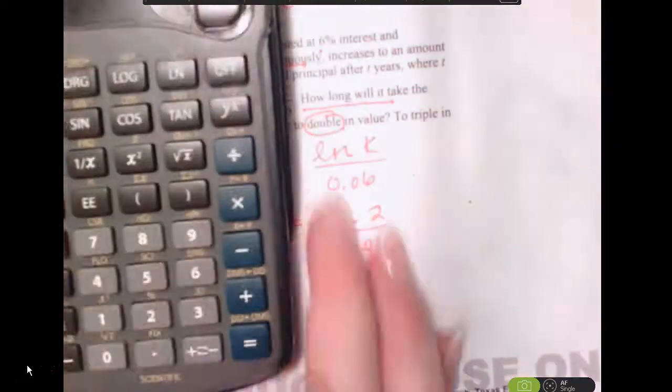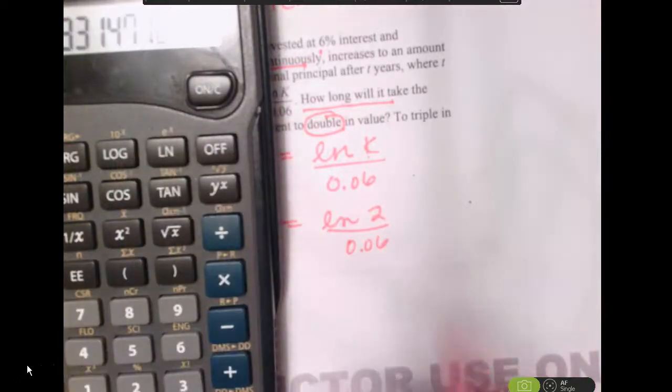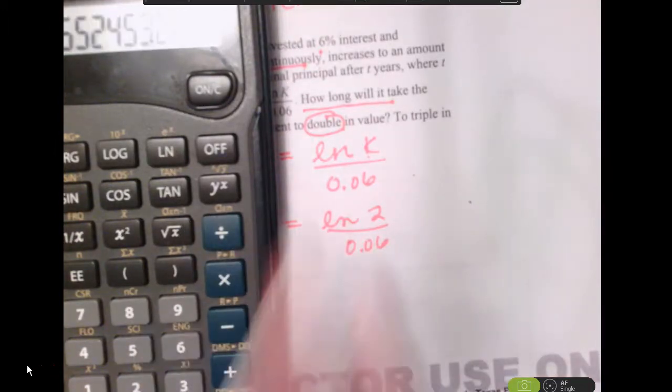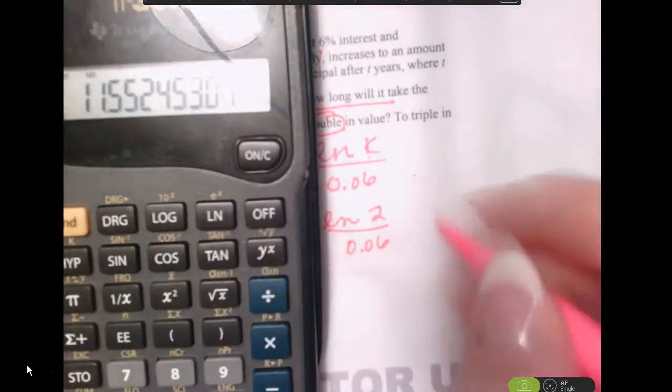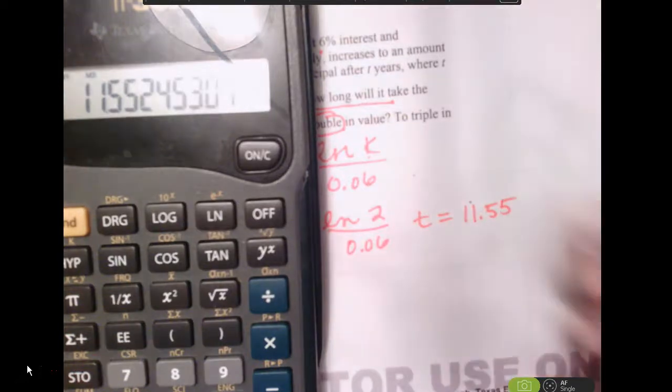And it makes sense that we would be using the natural log, because it's the inverse of e, and e is the variable that we use when we compound continuously. So it looks like at that interest rate it would take us 11.55 years to double our investment.